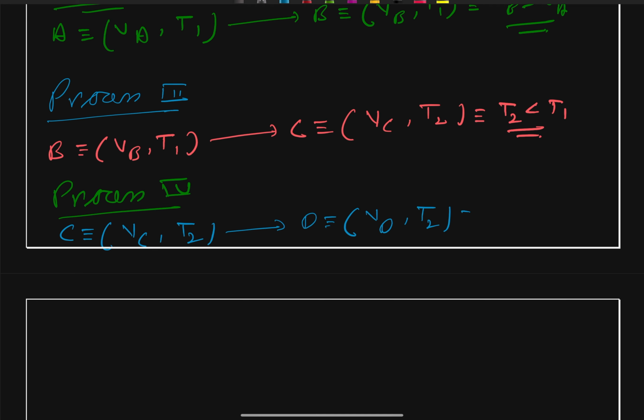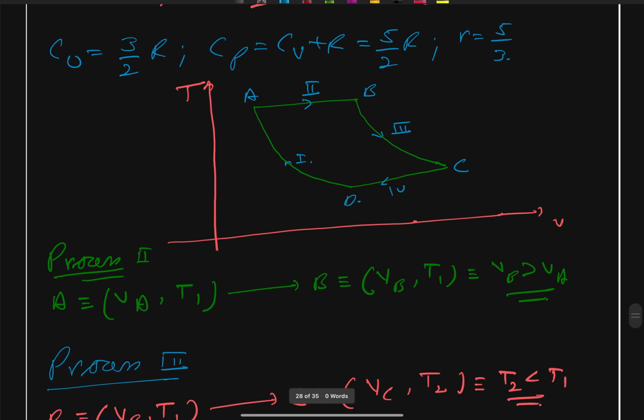So from here we can say that VD is less than VC, and then we come to process 1.